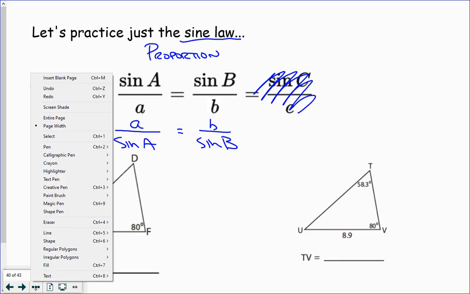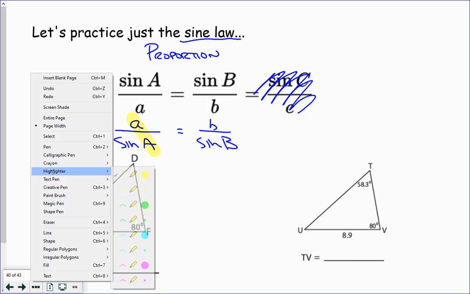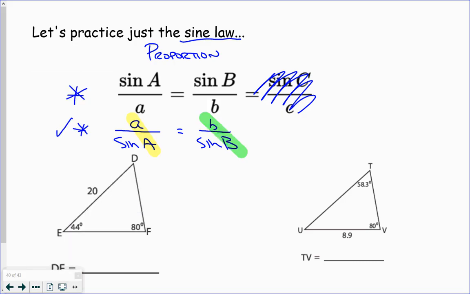So couple things. A and sine A, B and sine B, these match. So this is heart and heart, happy face and happy face. Okay? So you're going to find matching pairs.